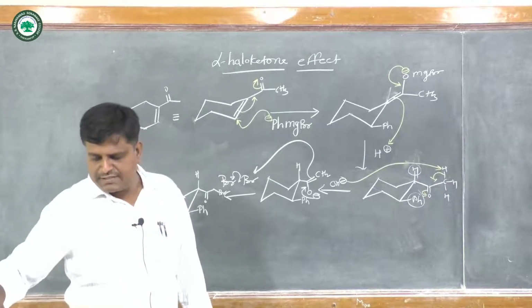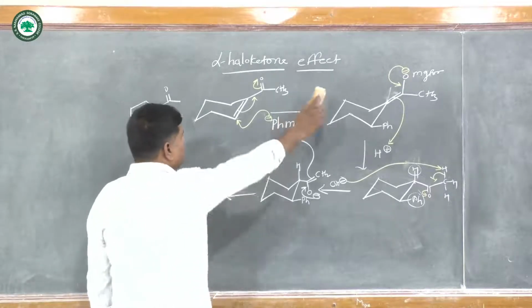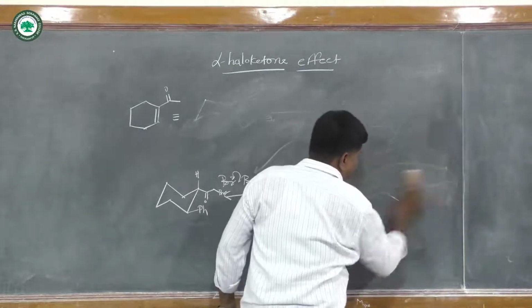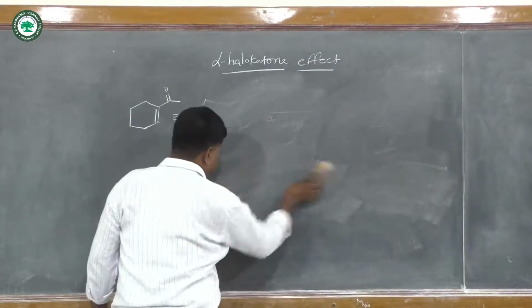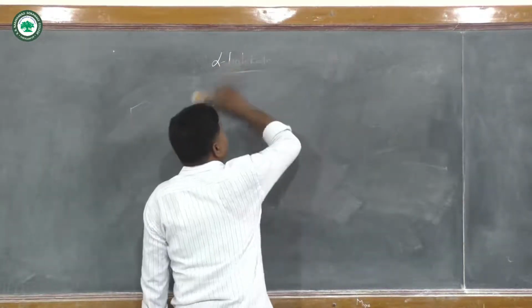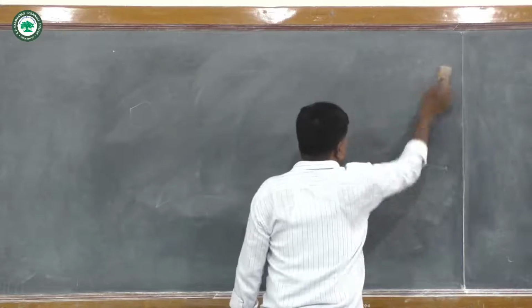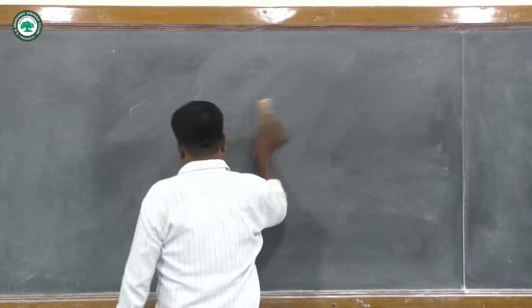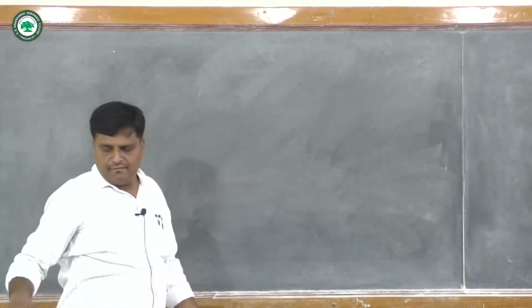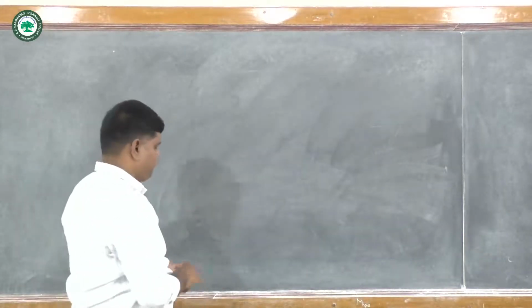In monosubstituted cyclohexane, one question is always asked in examination. So we take that which is not concerned with the alpha haloketone rule, so that you don't confuse. But here we take that example.